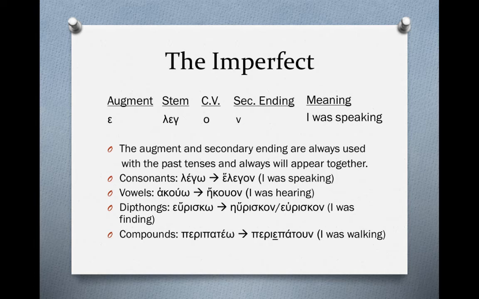So generally what happens is the augment is added not in front of the preposition part of the word, it's added in front of the verbal stem. So we have the preposition, and then notice here we have peri epatun as the imperfect form, which means I was walking. The epsilon's kind of in the middle there. Well, what happens in compound verbs, the epsilon is added after the preposition, but before the verbal stem. Peri epatun.